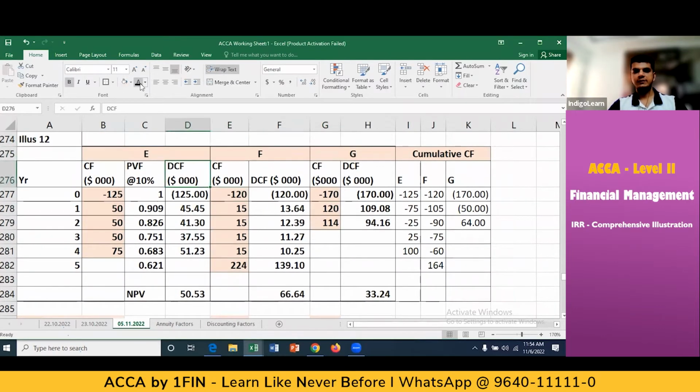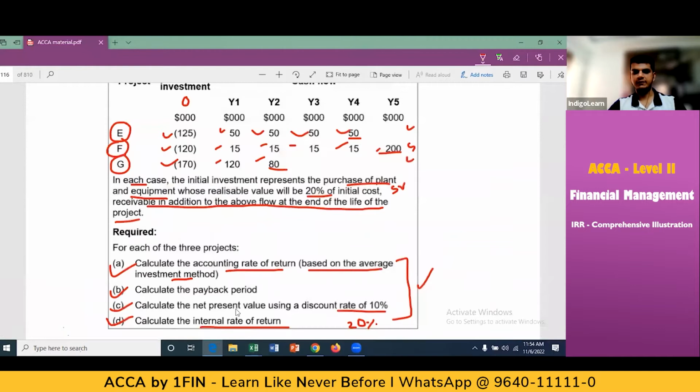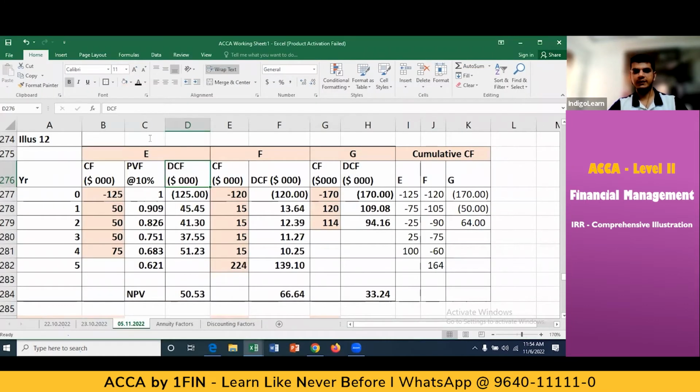Now they have asked, first we'll see the NPV. We'll go with the best thing that we do on a day-to-day basis, that is NPV at 10%. So we'll just put the discounting factors, present value factors, that is for year 0, 1.